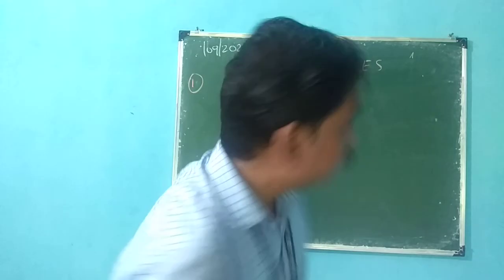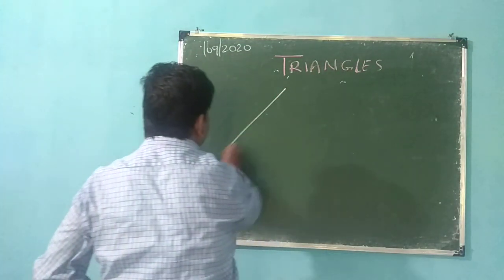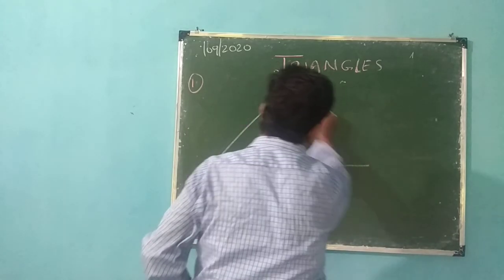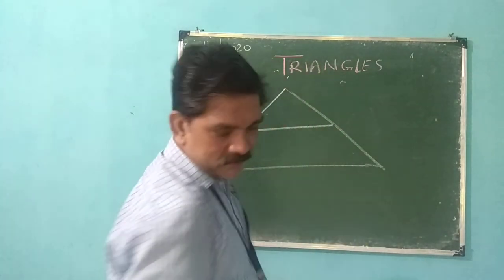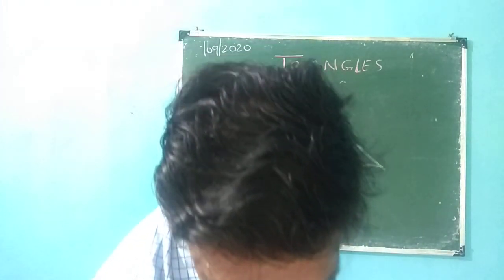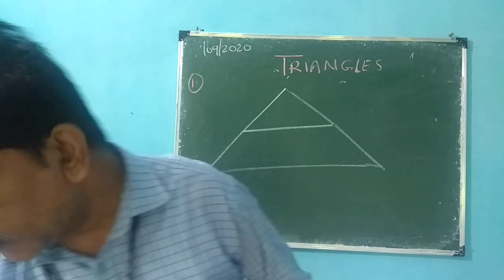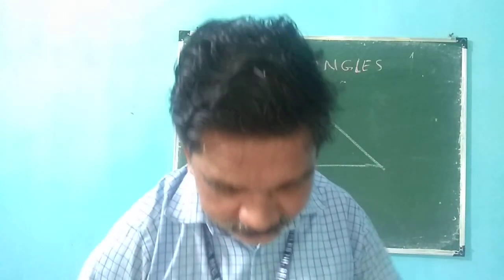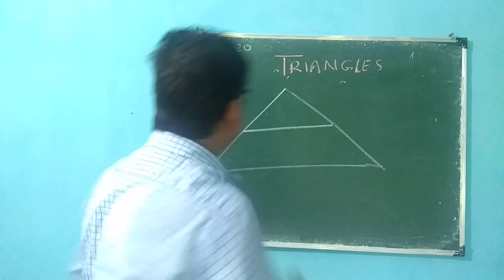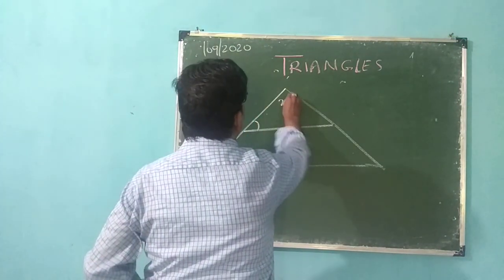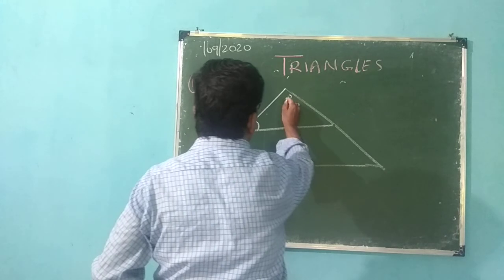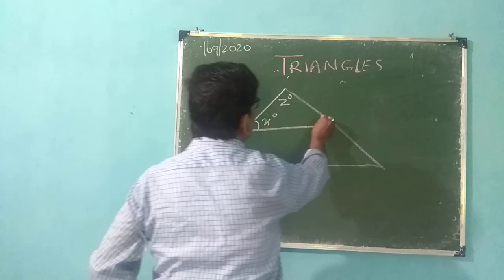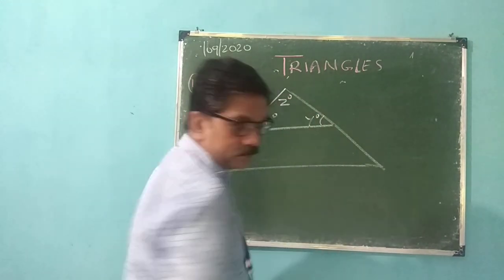Here the question is, suppose I have given a triangle like this. Then you have z degree, x degree, and y degree.